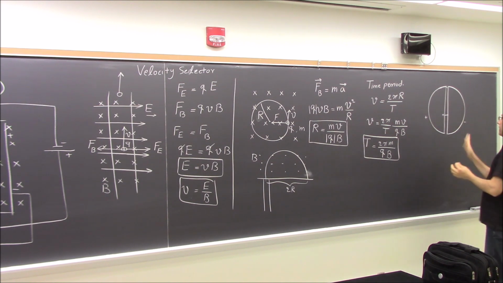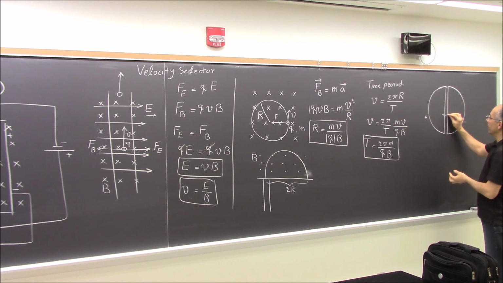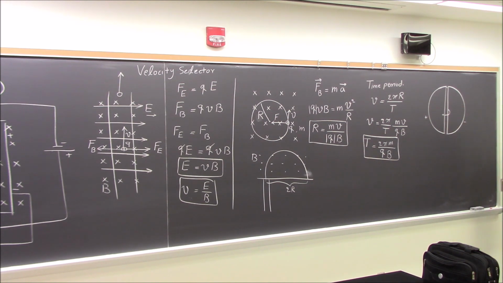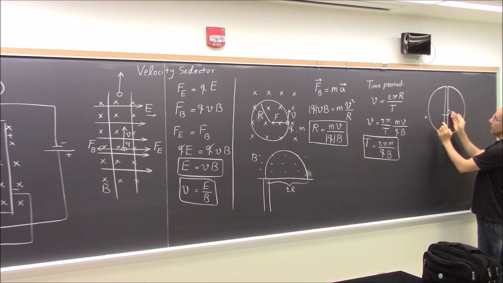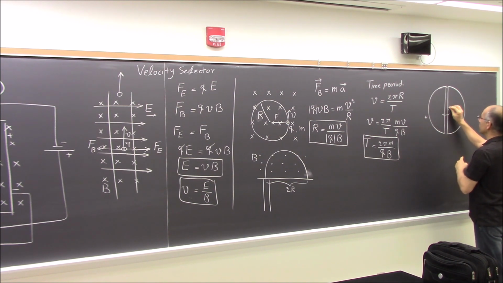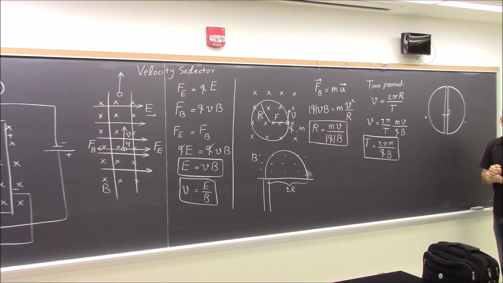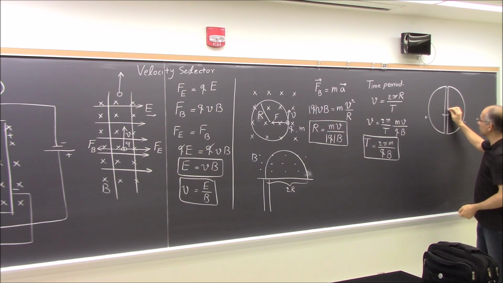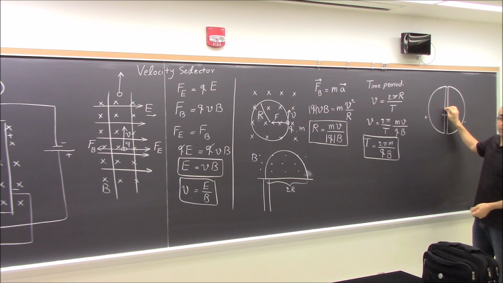When you put the magnetic field, this particle turns around and goes this way. Okay? And then while this is going around, you change the polarity. Now this side is positive, this side is negative. Again, the particle accelerates, gets more speed.